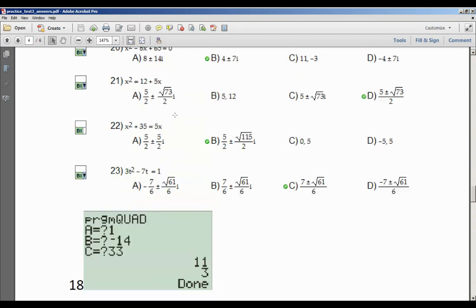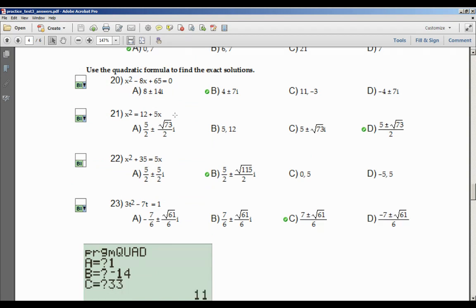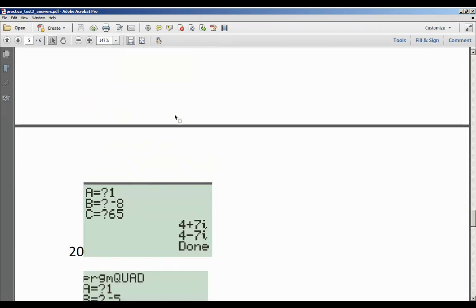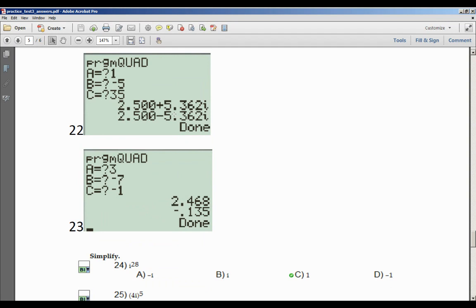Number 20 was okay. The problems came about in numbers 21, 22, and 23. So I did them with the calculator, but you would have to look at those answers and change them to decimals and match the answer that your calculator gave you with the quadratic formula programmed to the answer.